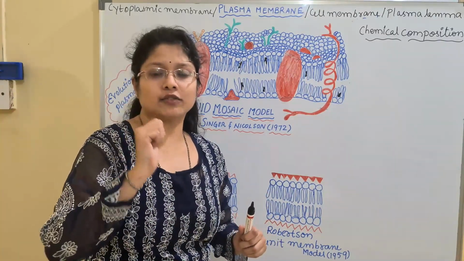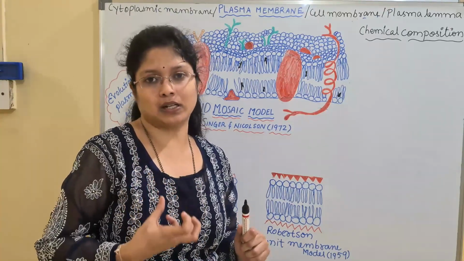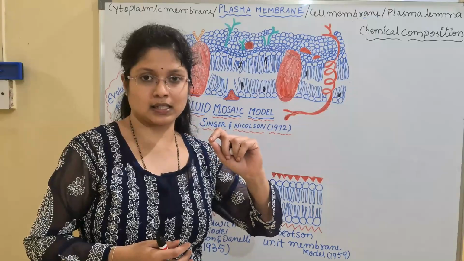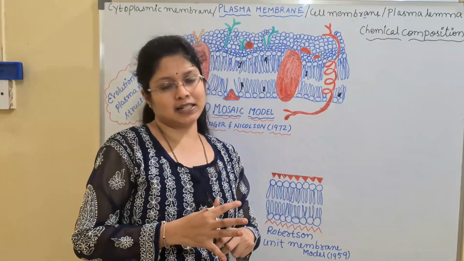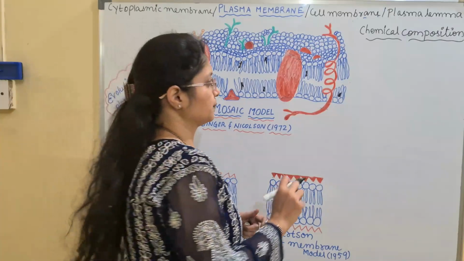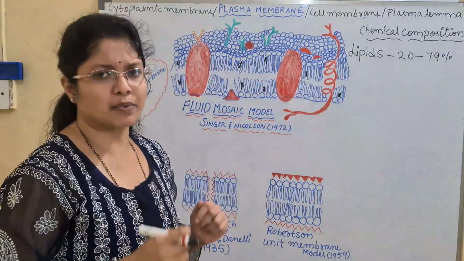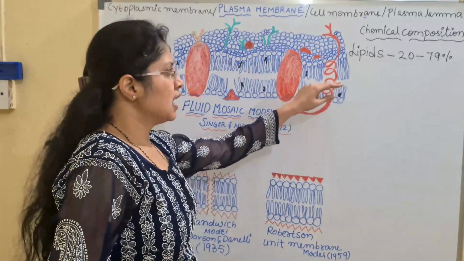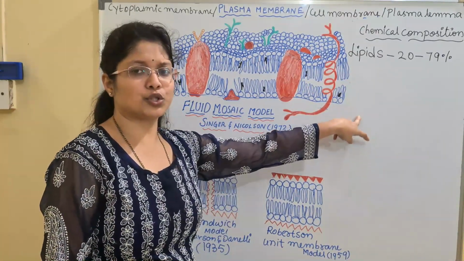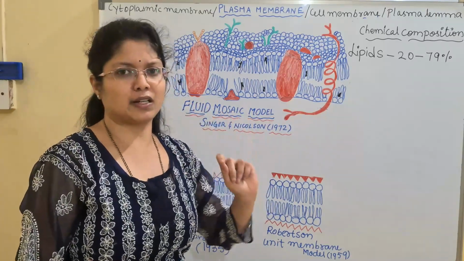The majority of the structure, almost equal in composition, is lipids and proteins. The quantity of lipids ranges between 20 to 79%, a massive amount, and the proteins have almost similar composition, around 20 to 70%.